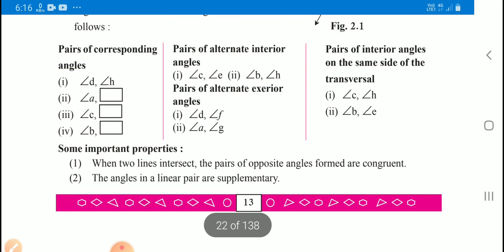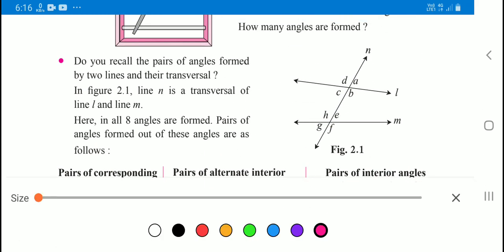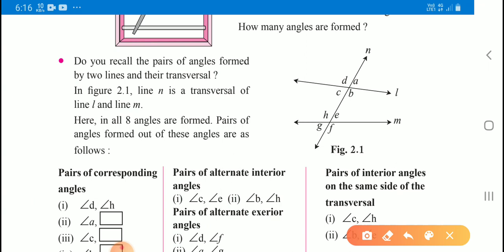Again, I will tell you one more example. Okay, so we'll take here the measure of the angle A. Suppose the measure of angle A is 60 degrees. Can you tell me the measure of angle D? Yes, it is 120 degrees because these two angles are in a linear pair. Then tell me what is the measure of angle B?